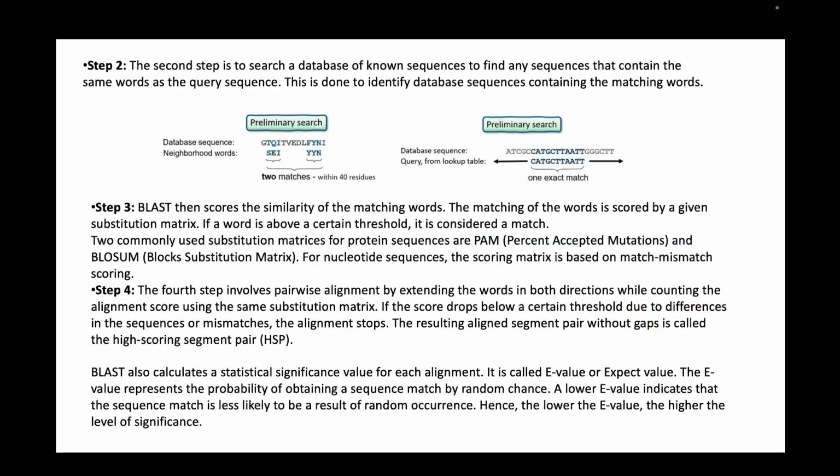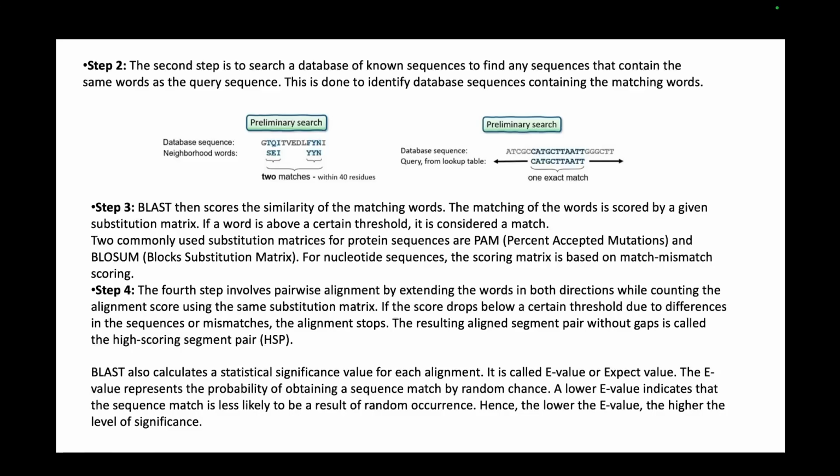In the second step, it searches a database of known sequences to find any sequence that contains the same word as the query sequence. This is done to identify database sequences containing the matching words. So this is your database sequence, and basically you have a database of known sequences and sequences that contain the same words as the query sequence.